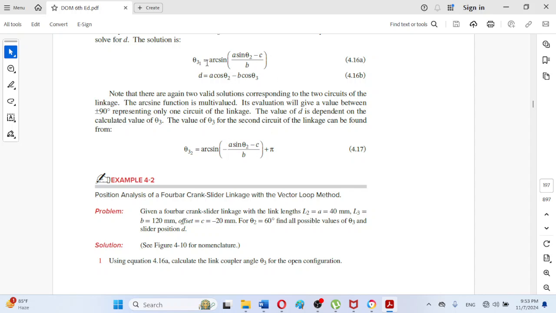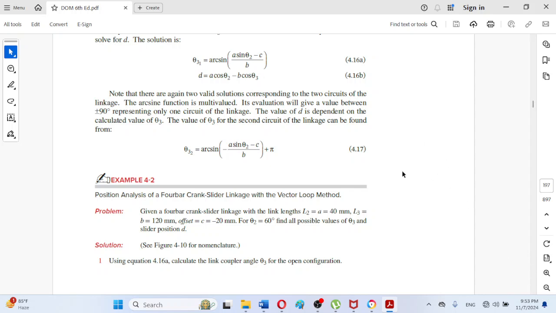So it is not actually necessary that theta 3 1 is located on the right. It is not necessary, and theta 3 1 or theta 3 2 can be located at any location.